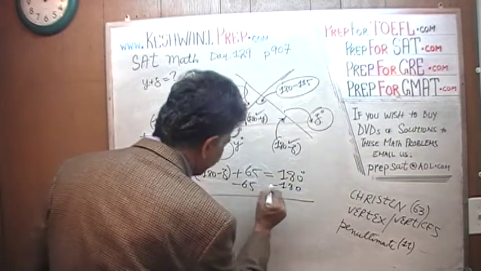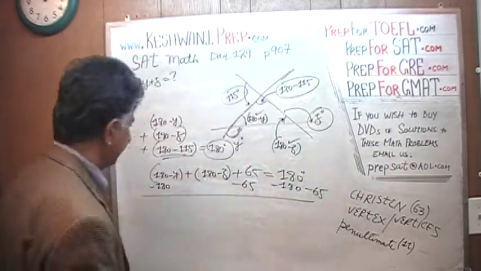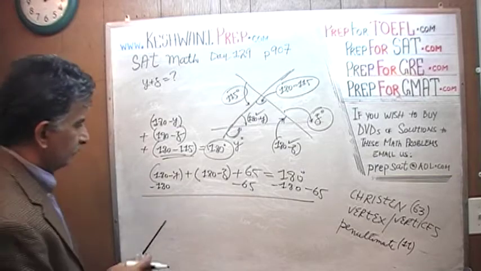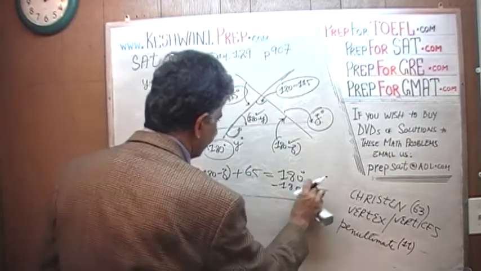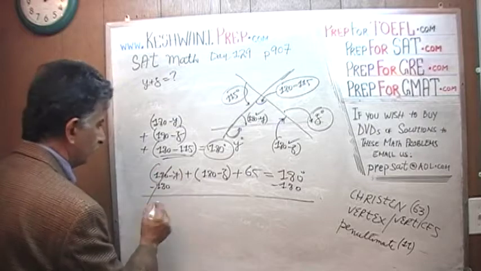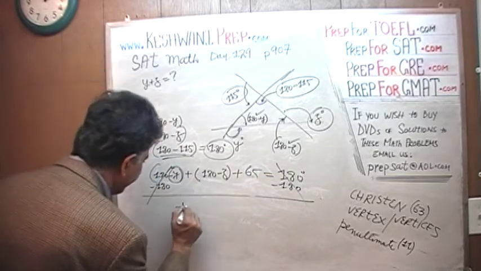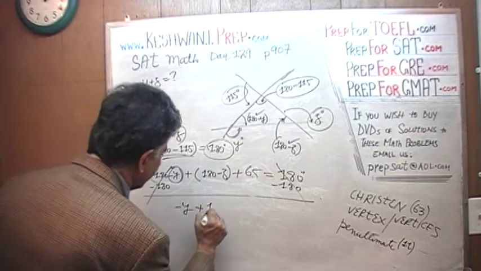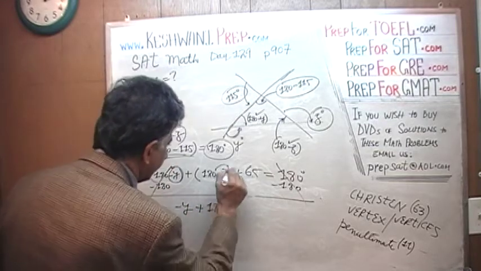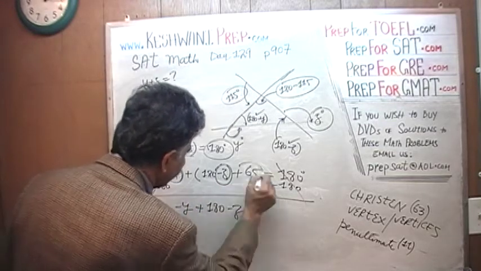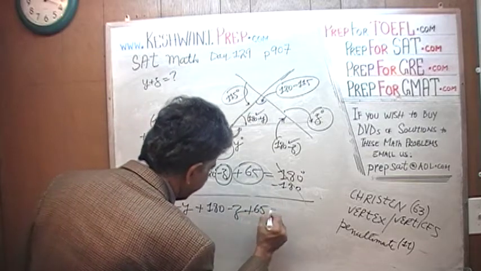So this drops out and this drops out, and here we end up with negative y plus 180 and a negative z plus 65 equals 0.